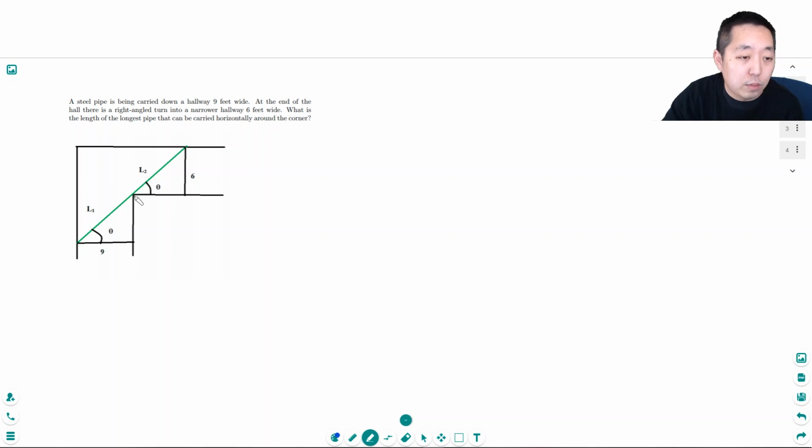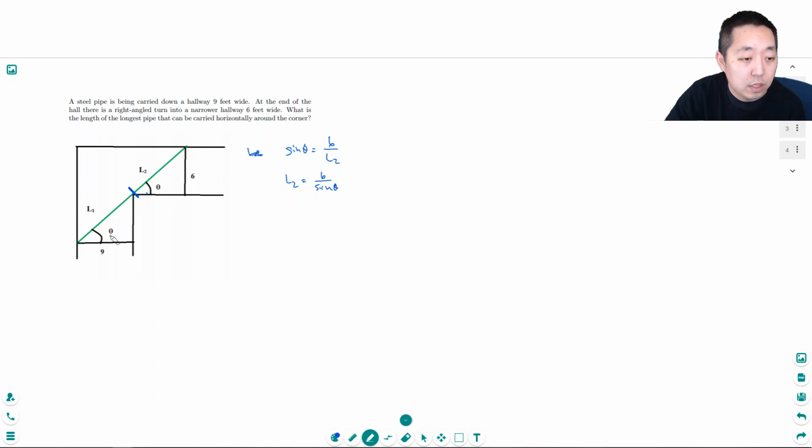Well, we'll split this into two triangles, and we'll have L1 and L2. Now, L2, what's the relationship between L2 and theta? I know the tangent of theta. No, not tangent. Sine. I know sine of theta is equal to opposite over hypotenuse, 6 over L2. So L2 is equal to 6 over sine theta.